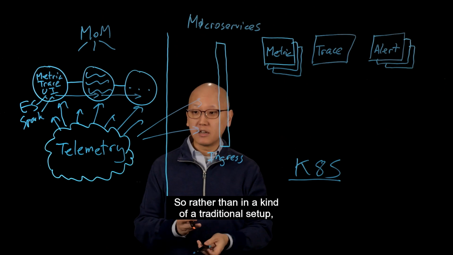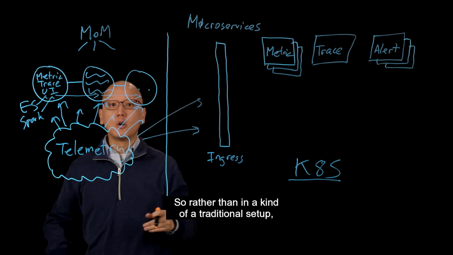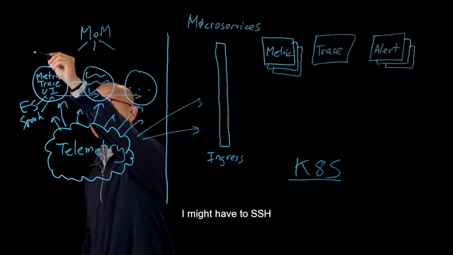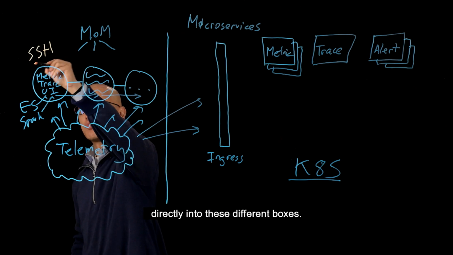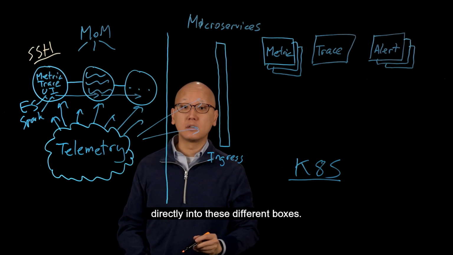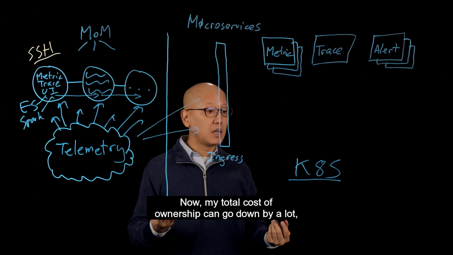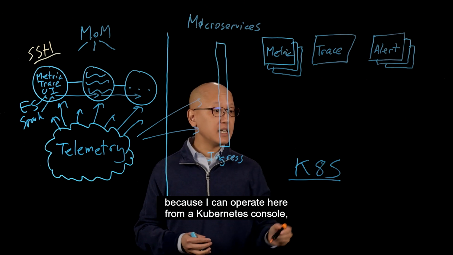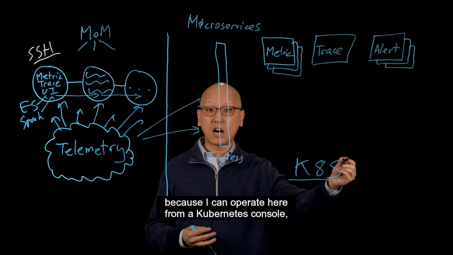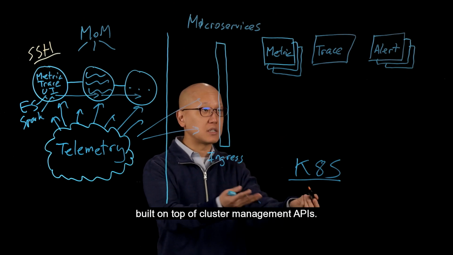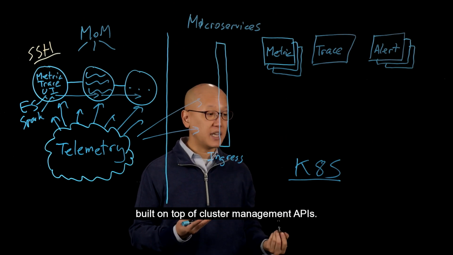So rather than in a traditional setup, when I was doing management, I might have to SSH directly into these different boxes. Now, my total cost of ownership can go down by a lot because I can operate here from a Kubernetes console and a dedicated cluster management console built on top of cluster management APIs.